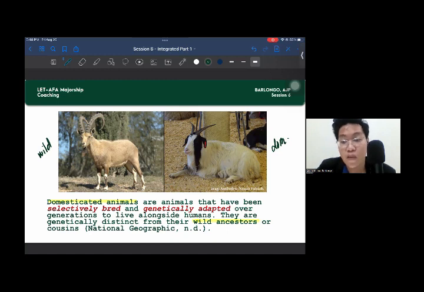So those are some of the common traits that are being used by animal breeders para mag-improve ng mga animals, ng mga farm animals. So this is not only done sa goat, as you have seen sa mga choices kanina, meron din sa sheep, ayan, sa buffalo, ayan, and even sa boar.